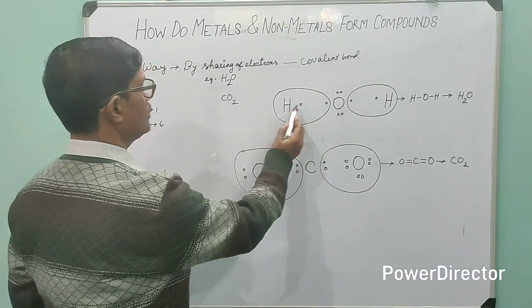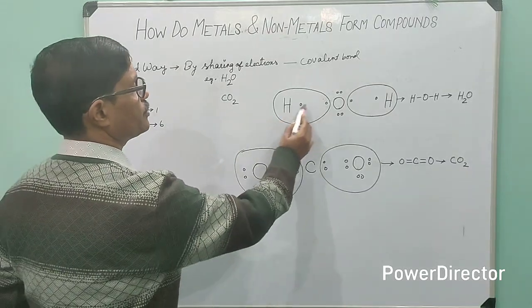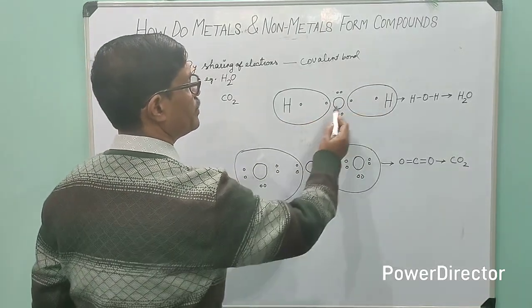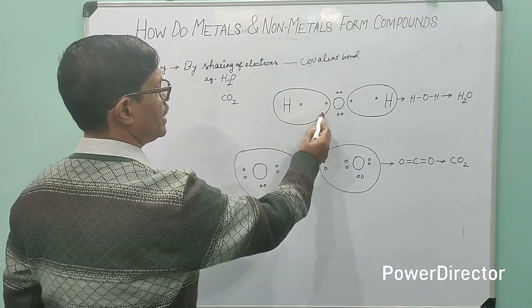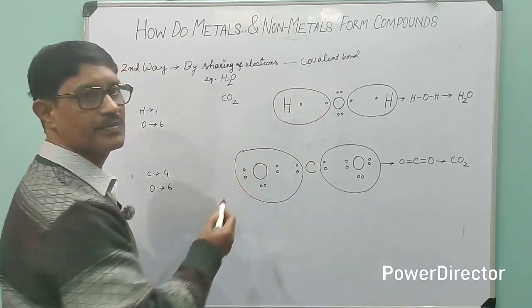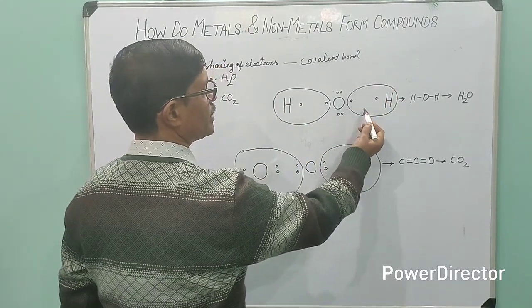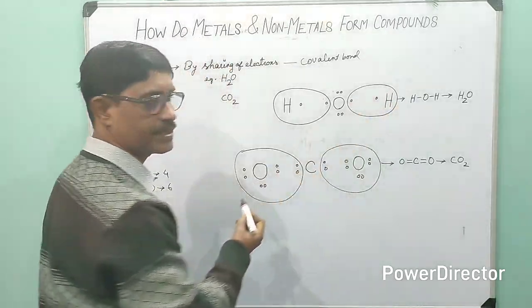Hydrogen has 1 electron, oxygen has 6 electrons. Face to face, hydrogen shares 1 electron and becomes a helium-like structure. This hydrogen also shares 1 electron with oxygen and becomes a helium-like structure.